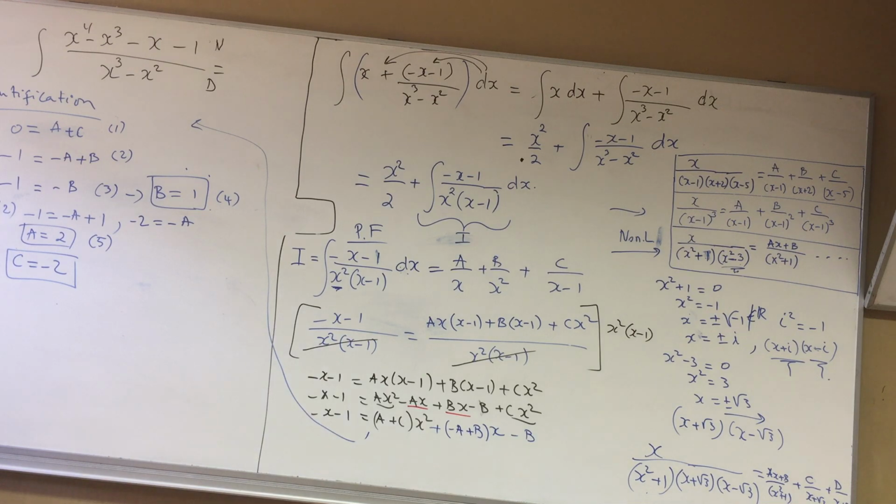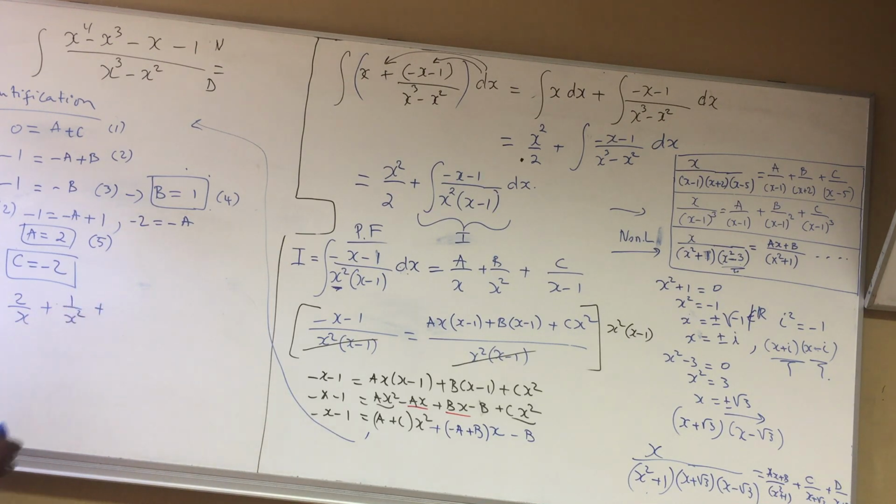Then I have minus x minus 1 over x squared times x minus 1, equal to: the value of a is what? 2 over x, plus the value of b is what? 1 over x squared.